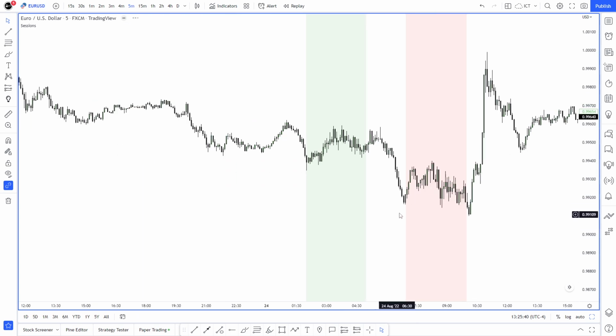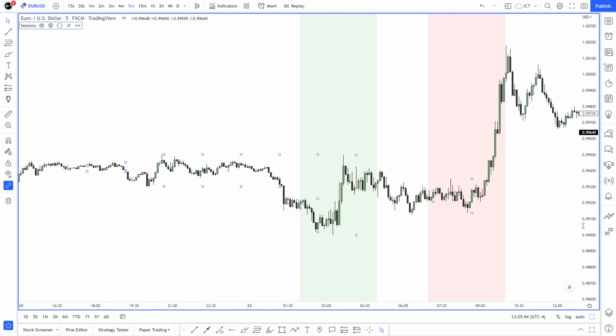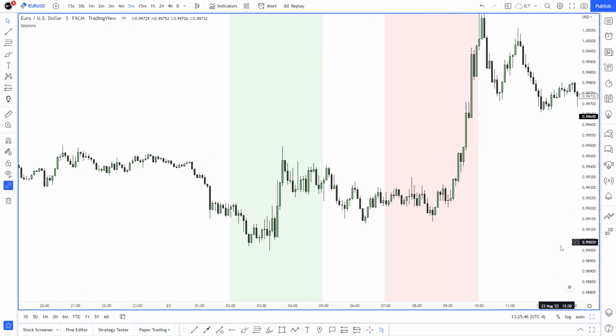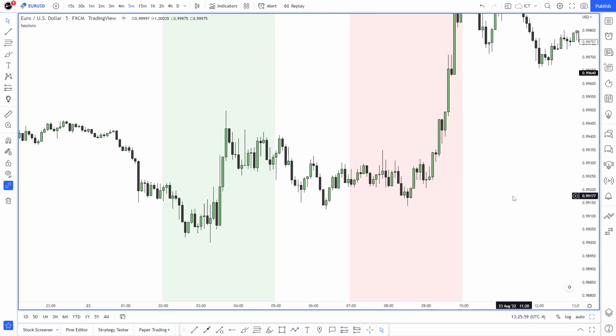So the way that I got to the point where I currently am, where I have a series of things that tend to repeat themselves, and I'm able to understand that those things could indicate that price could go higher or lower at a certain point, or even time in price, is because of this.